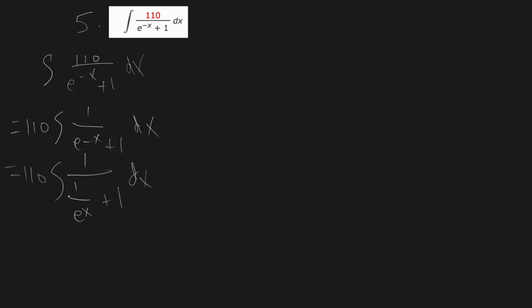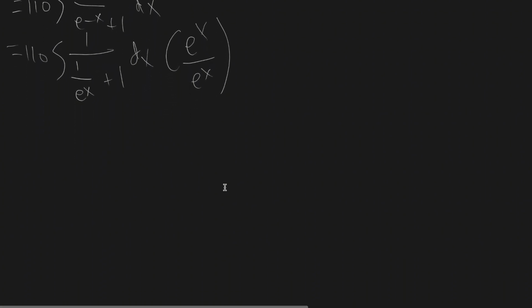You can now see that we have a fraction in the denominator of a fraction. So to remove it, let's multiply by e to the x over e to the x. And that's within the integral.